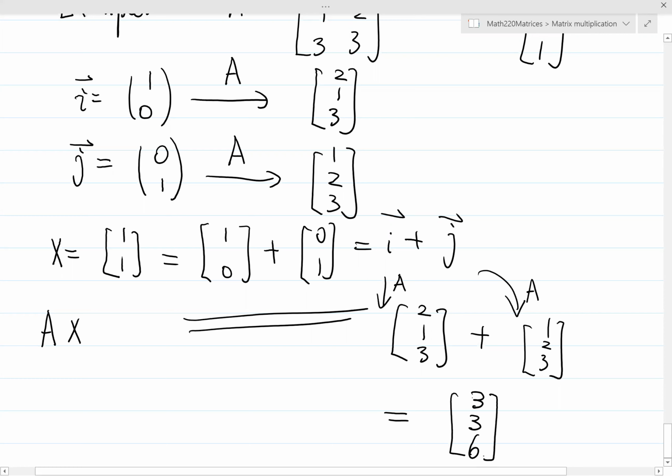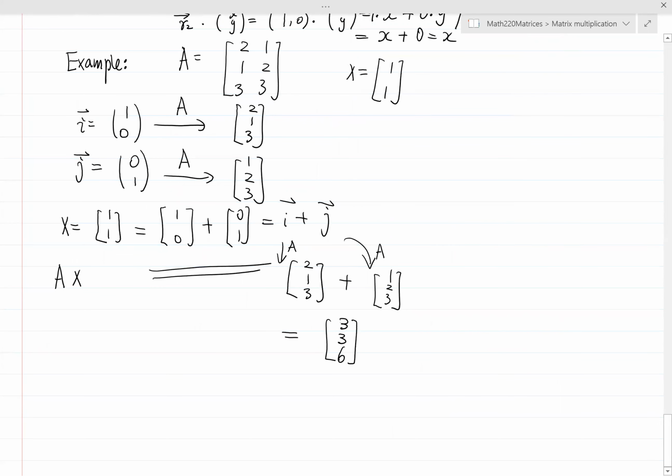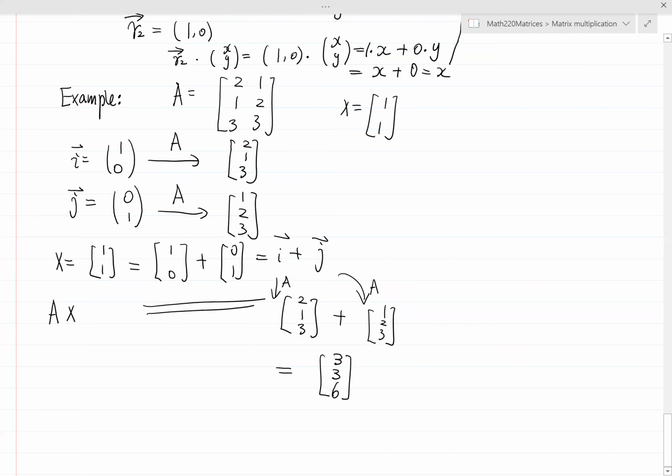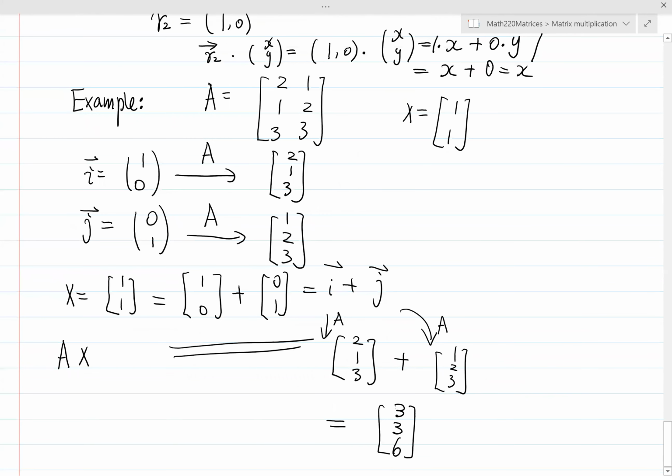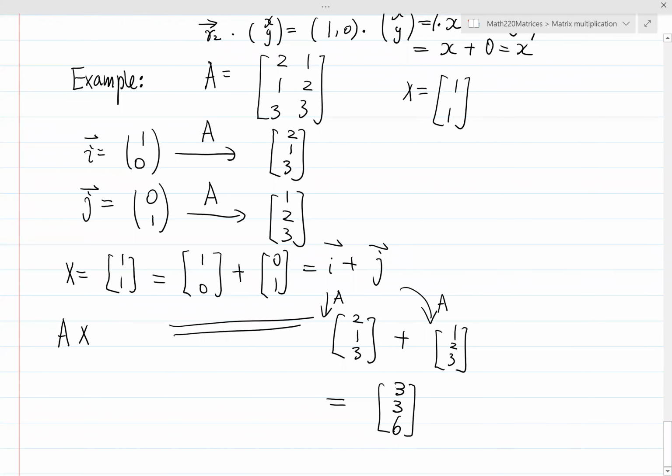Any questions? Okay, we can also use the row picture. You see, what is the first row, second row, third row? The first row of A, R1, is 2, 1.